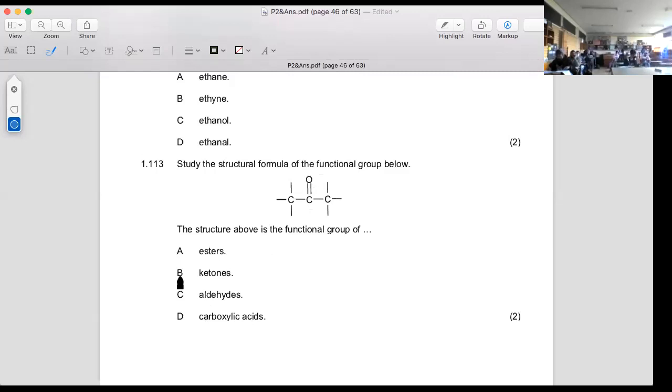Who says that's a ketone? Well done. If it was an aldehyde, that O would be on the last carbon and we'd have an H.